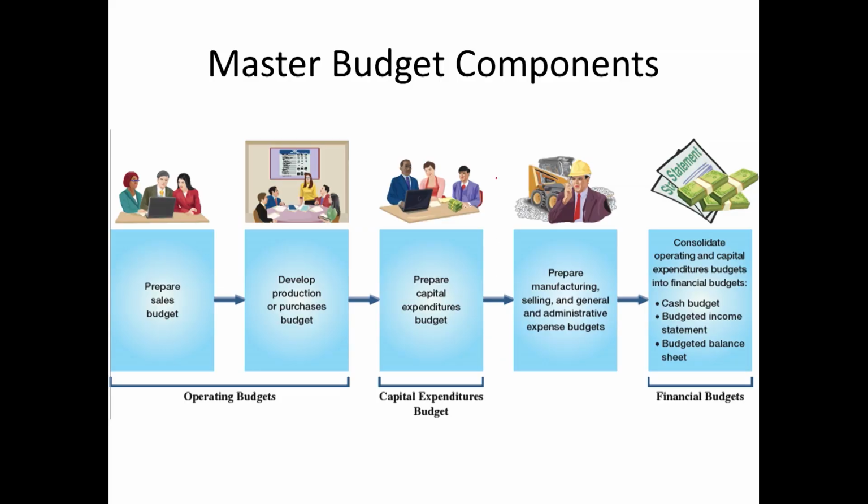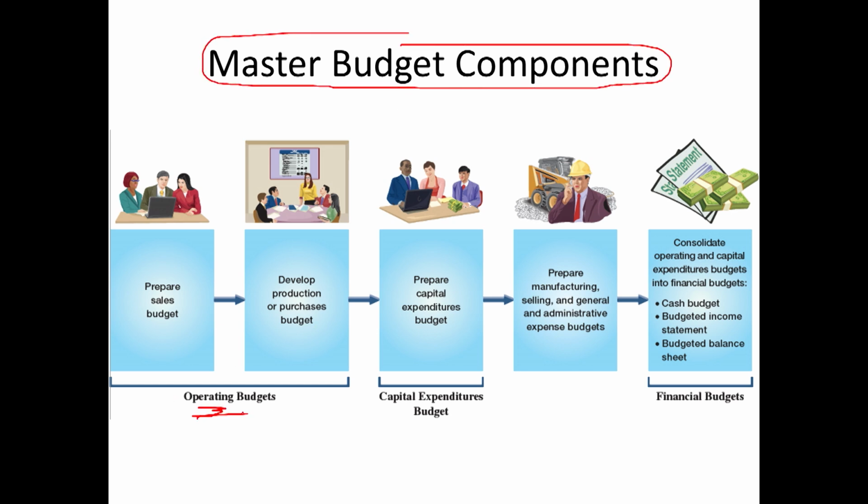The master budget. The master budget consists of all these different components: operating budgets, capital expenditures budgets, financial budgets, okay? And the very first budget that you need to prepare is always the sales budget, okay? Everything flows from the sales budget. So that's one of the operating budgets. But then you have the production or purchases budget. That's another operating budget.